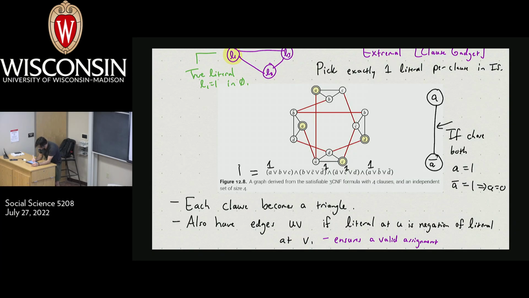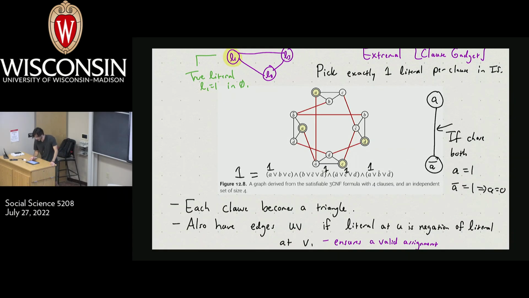So overall, the whole thing is true. Because there was an independent set of size 4, we were able to set each of the 4 clauses to be 1, and so the whole formula was 1. And the specific assignment that we created is built off of our solution, our independent set, for the graph we construct.